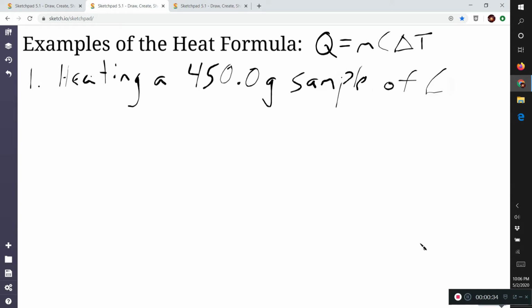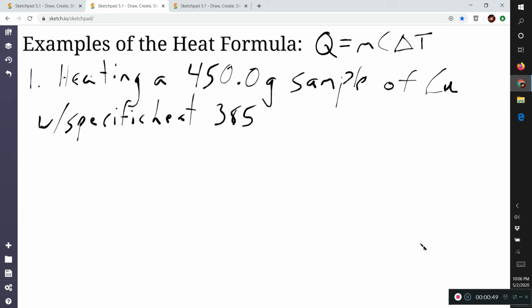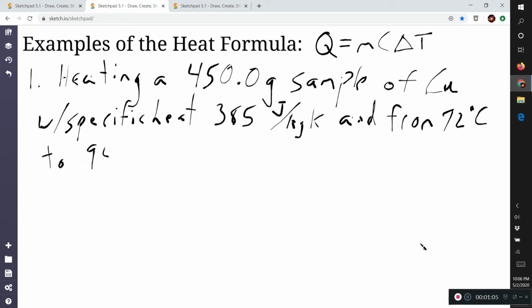Use the abbreviation Cu from chemistry. Copper has a specific heat of 385 joules per kilogram Kelvin. And the sample goes from 72 degrees Celsius to 94 degrees Celsius.